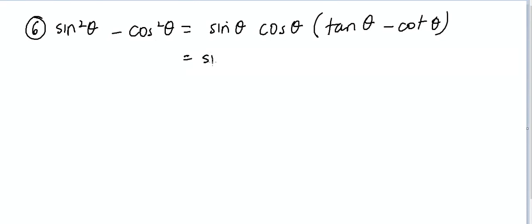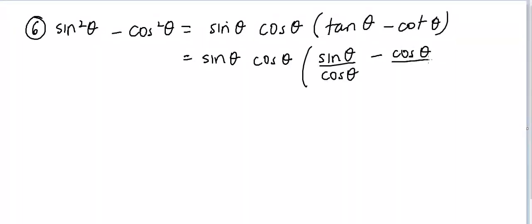So what can we do here? So we'll leave sine, we'll leave cosine. How about we write tan as sine over cosine, and we write cotan as cosine over sine. Okay? So more complicated in the sense that there's more terms, but I think the steps will be familiar.